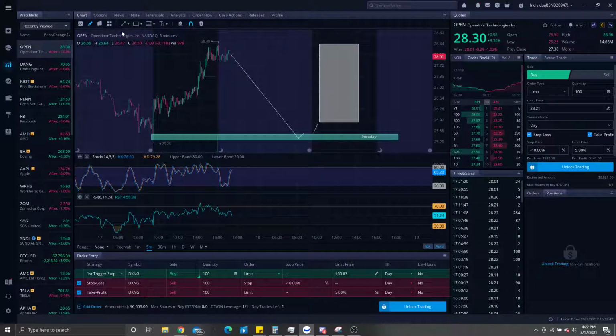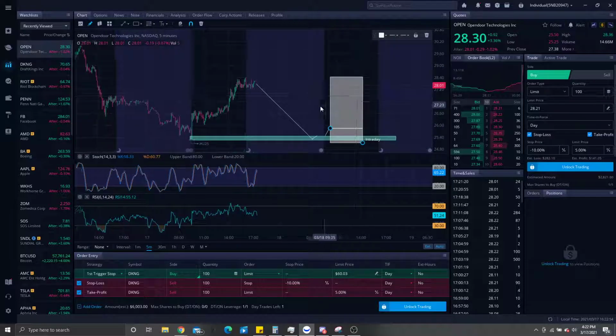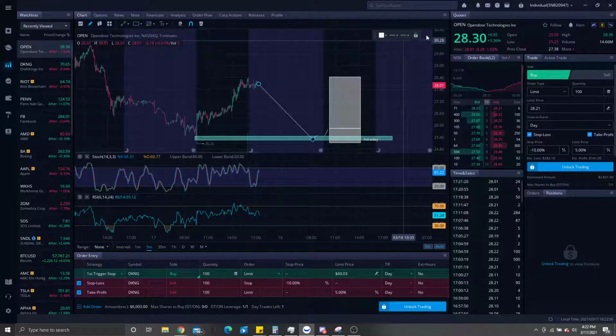Of course, that's going to look like nothing on your hour chart, but that's a really good day trade to take. You're not going to catch these very often.